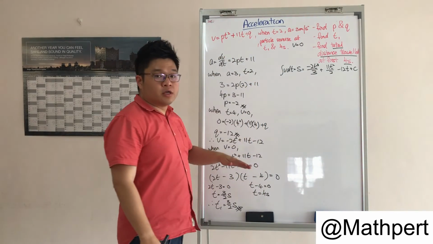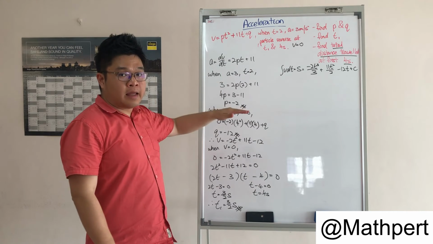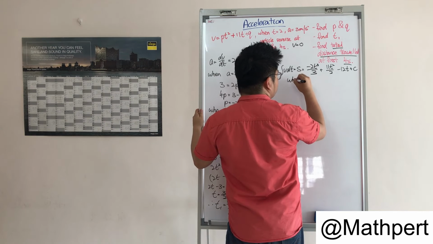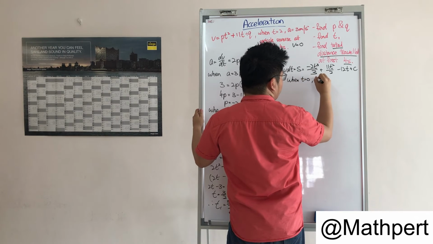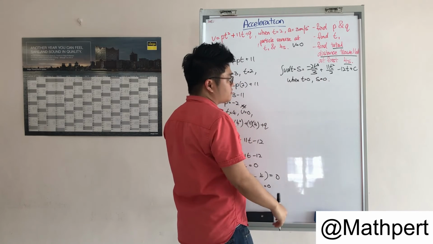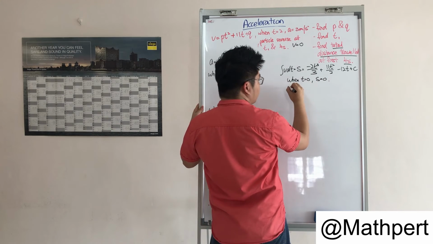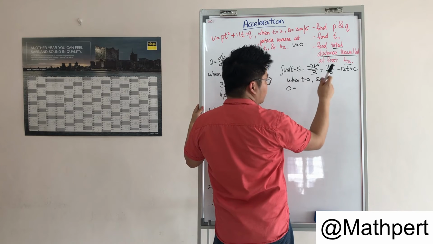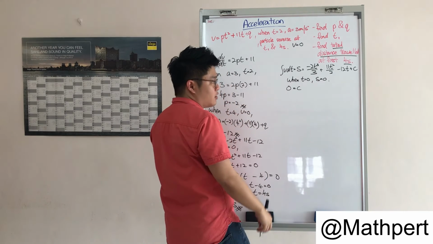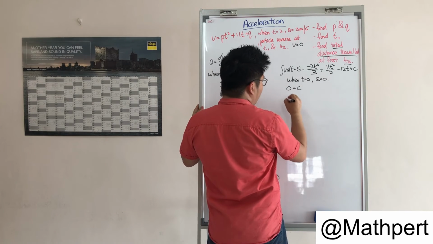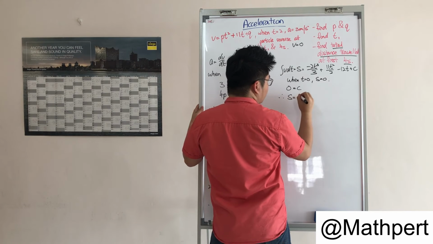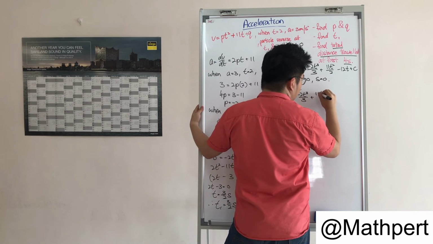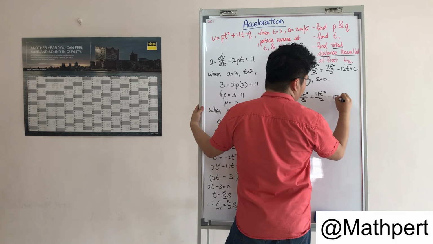Just now mentioned in the question, the particle is moving in a straight line starting from a fixed point, meaning when t equals 0, s equals 0. So substitute into here, we get c equals 0. Therefore, s equals minus 2t cubed over 3 plus 11t squared over 2 minus 12t.